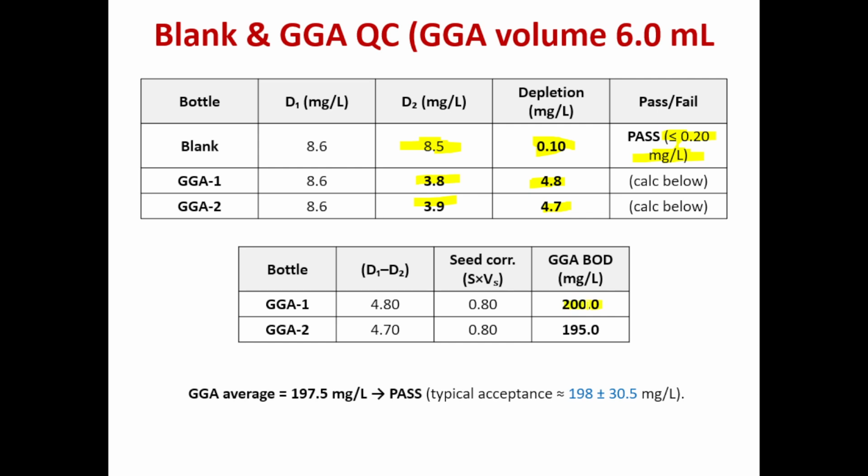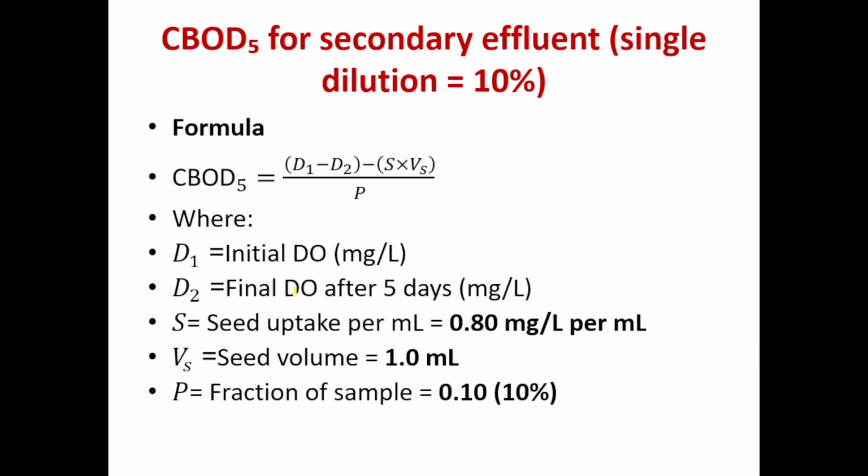The BOD of the first bottle, GGA1, is 200 mg per liter, and GGA2 is 195 mg per liter. By taking the average of both, we can calculate the GGA average. It is 197.5 mg per liter. So it passes the acceptance limit, that is 198 plus or minus 30.5.